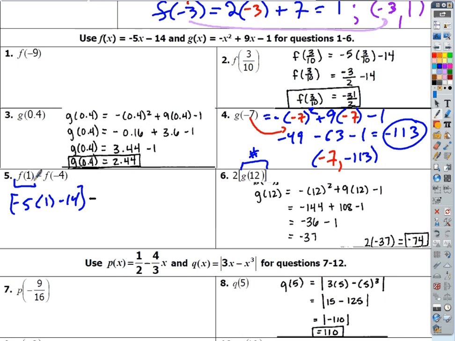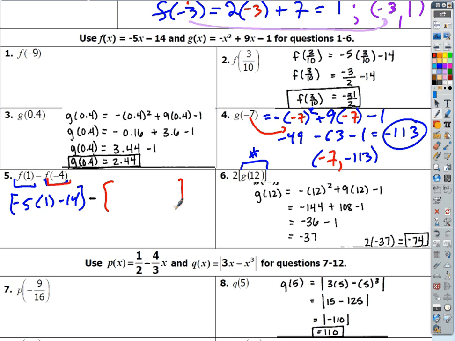Agreed? Minus all this stuff right here, f of negative 4 is going to give me one single output number, right? So when I'm calculating what that is, I need to put it all in brackets or parentheses, so I know when I use order of operations that I'm going to simplify all that stuff first before I subtract.